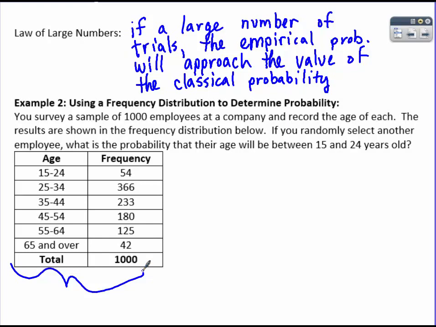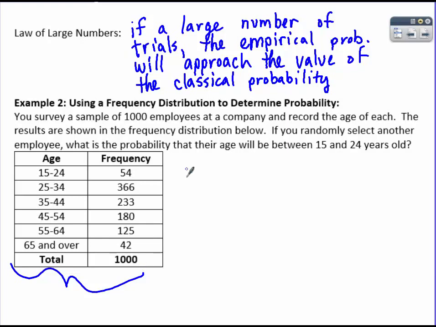So I can take what actually happens and make it an actual probability, and think about the probability of something else happening from there. It says you survey a sample of 1,000 employees at a company and record the age of each. The results are shown in the frequency distribution below. If you randomly select another employee, what is the probability their age will be between 15 and 24 years old?